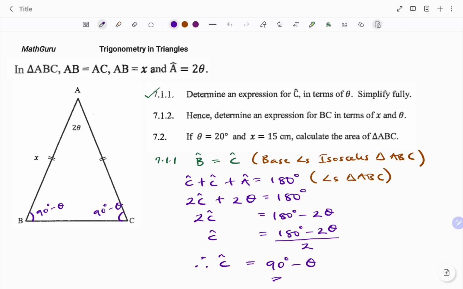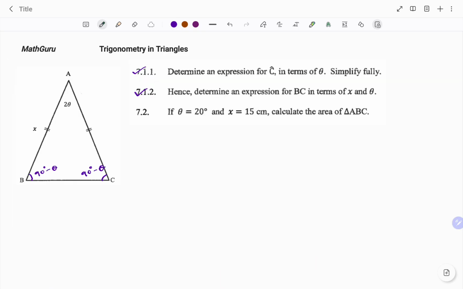The second part of the question says, hence, determine an expression for the line BC in terms of x and theta. For this question, I can either use my sine rule or my cos rule. So I'm going to show you the two methods. Hopefully we get the same answer.